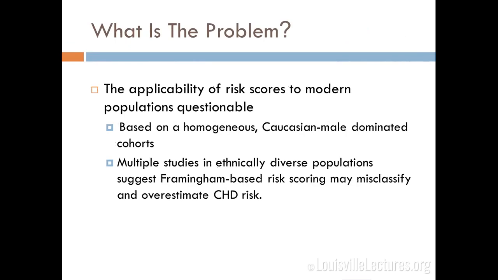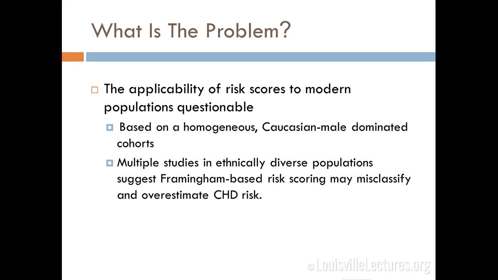So what's the problem? The problem is the applicability of these risk scores to modern populations has been questioned. The Framingham risk score, the original, which remains a part of the new risk score, is based on a homogeneous Caucasian male-dominated bunch of men, really, in Framingham, Massachusetts.